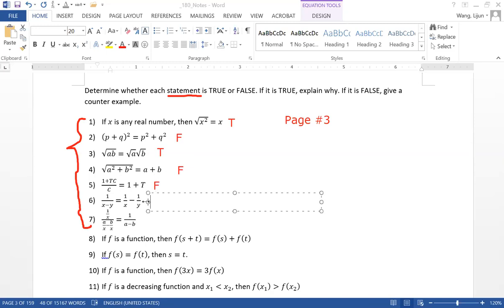Number 6. Remember the criteria we said? True, always true. False once, false. Number 6 is false. Number 7 is true. Do you think you got them all correct? Yeah, for the most part.